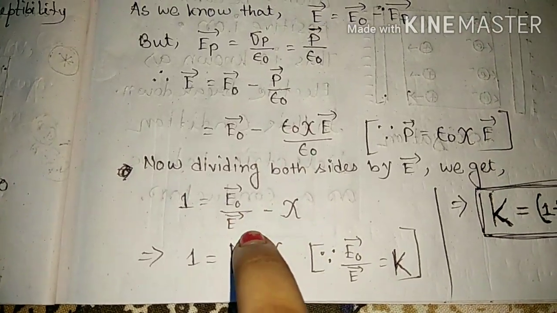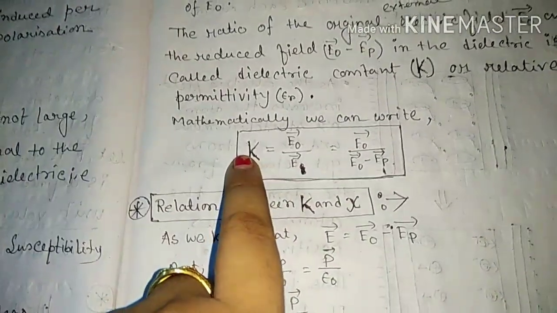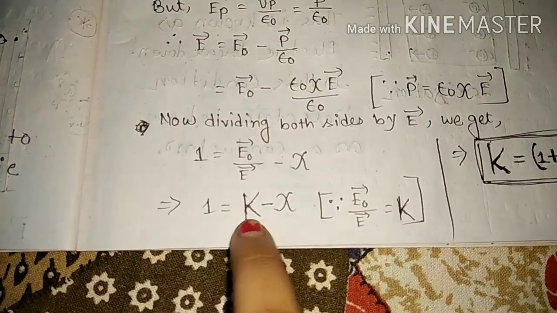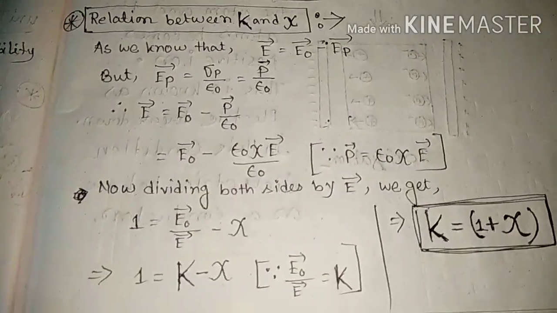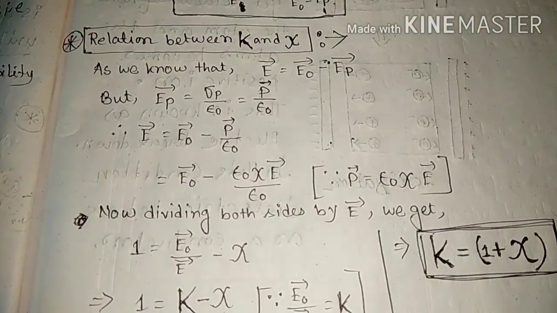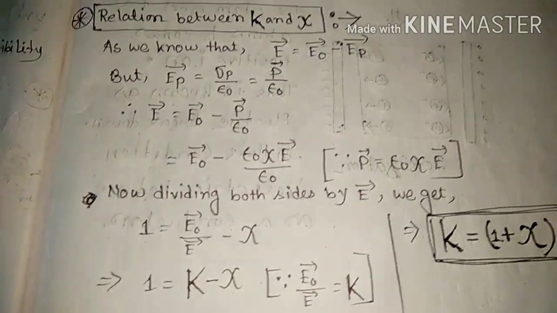E0 by E is nothing but the dielectric constant K. So 1 equals K minus chi, or we can say K equals 1 plus chi. This is the relationship between the dielectric constant and the electric susceptibility.